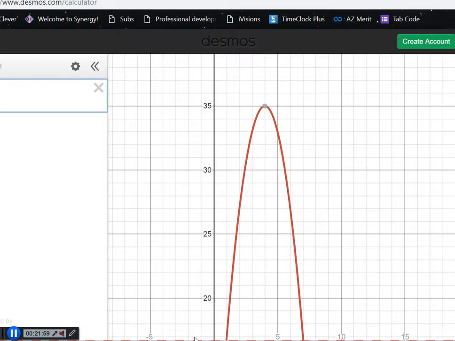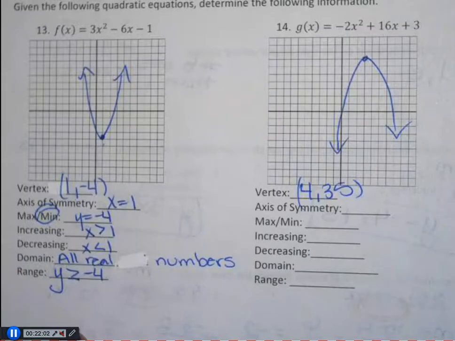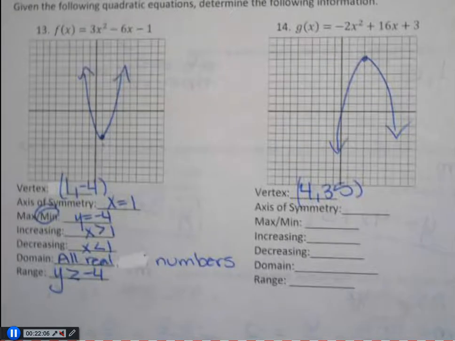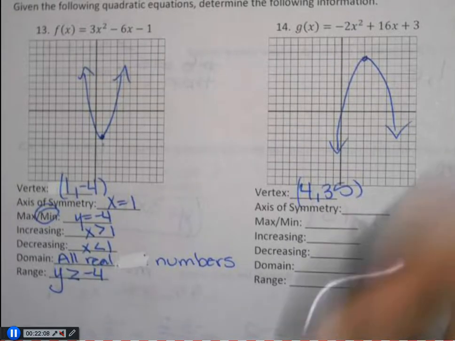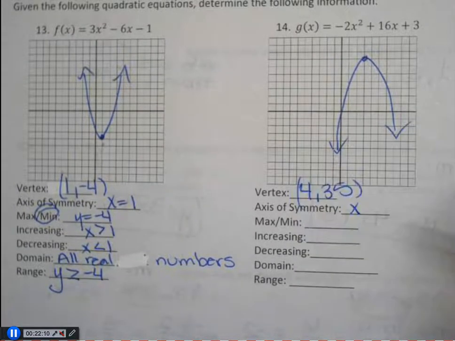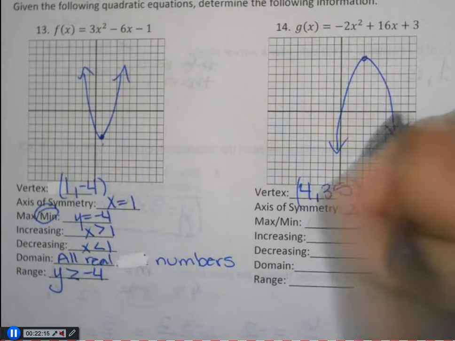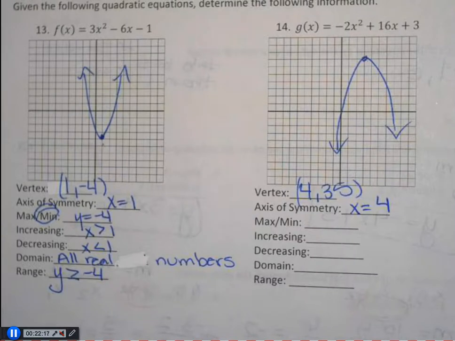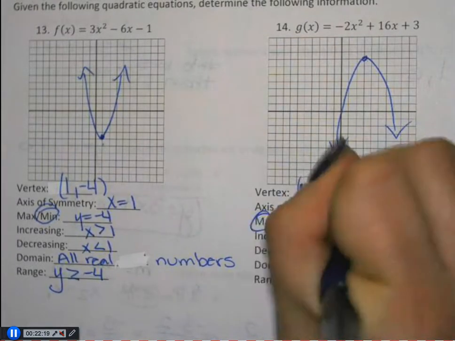Yep, they're both positive. Okay, so I sketched a graph. My y scale is by 5. So my axis of symmetry here is x equals 4. Does it have a maximum or a minimum? Maximum. 35, the y value.